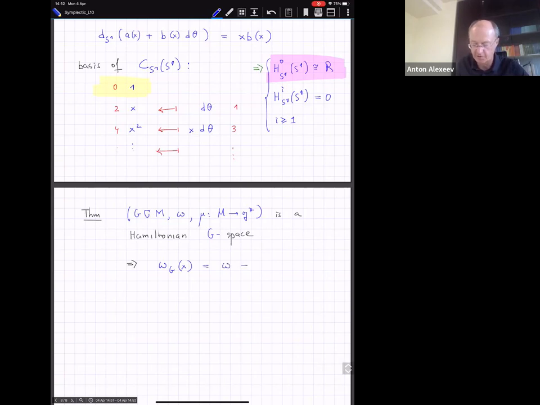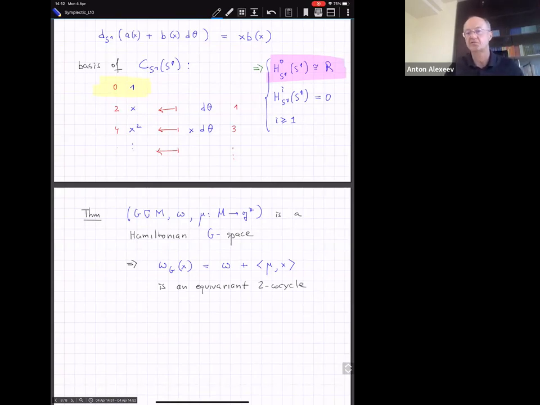And this polynomial has two parts. One part is omega itself, a polynomial of degree 0, plus a function on M which is a linear function of X. And this is an equivariant two-cocycle.